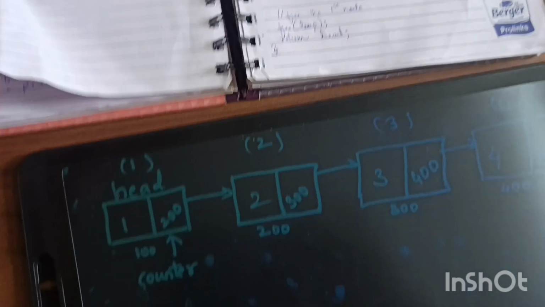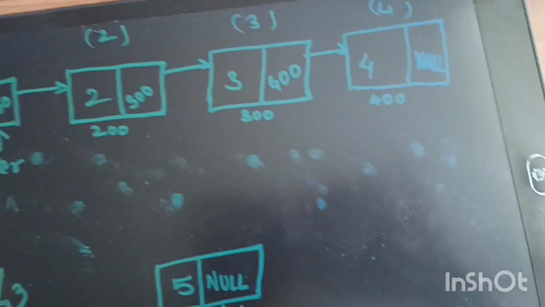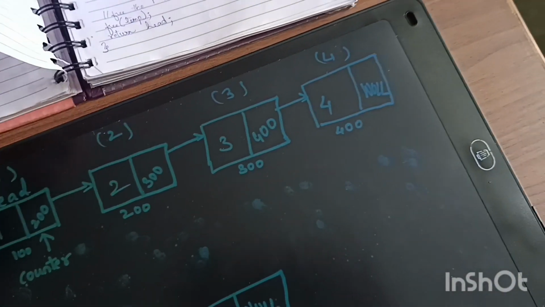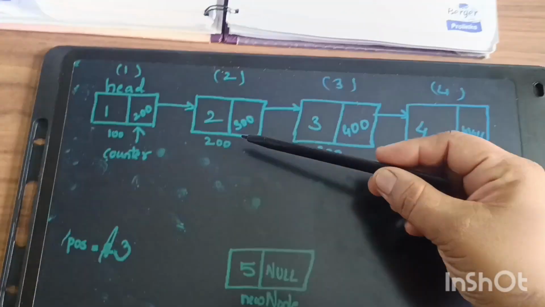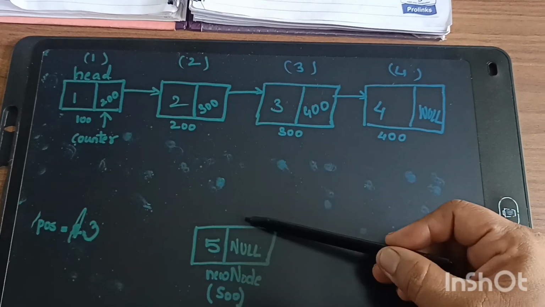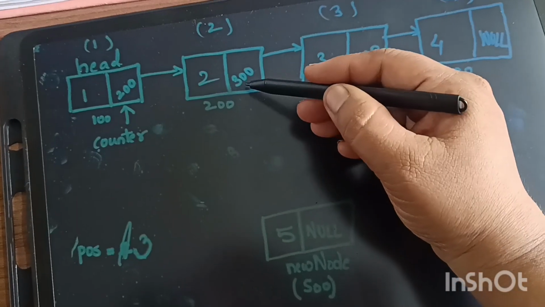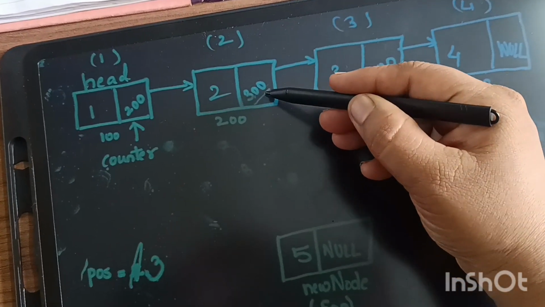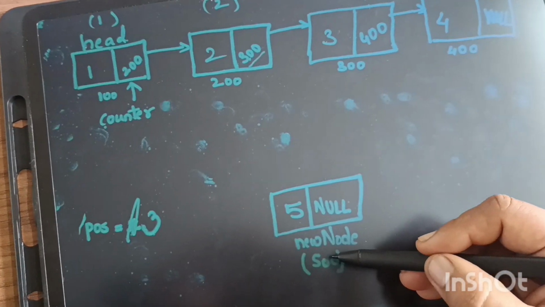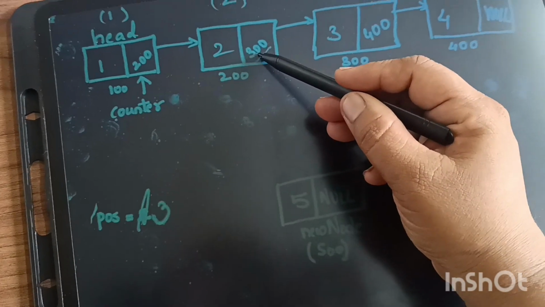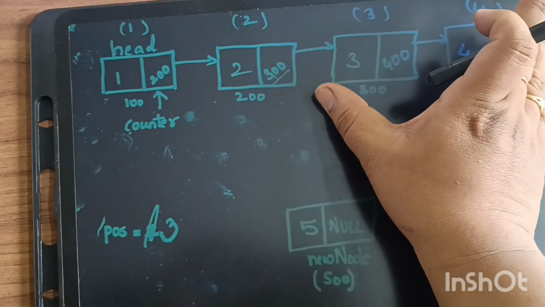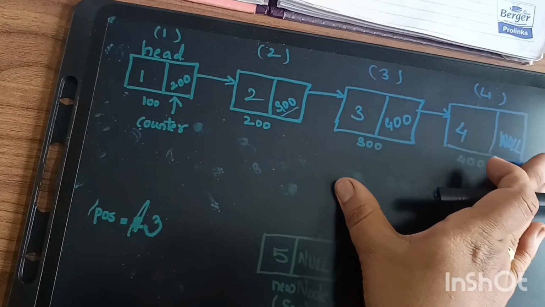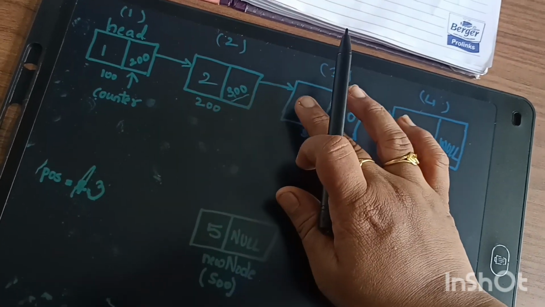So what I am doing, I am going to travel. Okay, here third position means that instead of 3 I should get 5. So instead of 300 I have to put here 500. But if I remove 300 first, what will happen? This gets detached, so I will not get where the third data is.